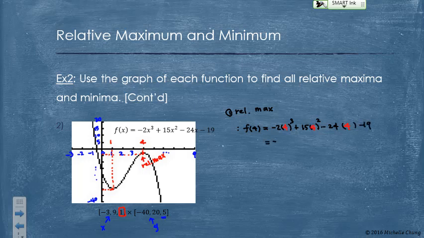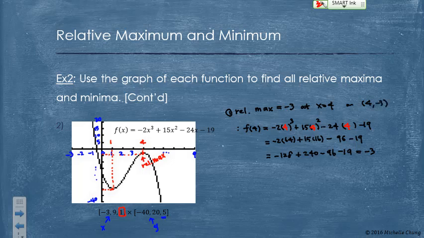So equals -2 times 64 plus 15 times 16 minus 96 minus 19, which equals -128 plus 240 minus 96 minus 19, which is -3. So the relative maximum value is -3 at x equals 4. Or we can just write it as (4, -3).